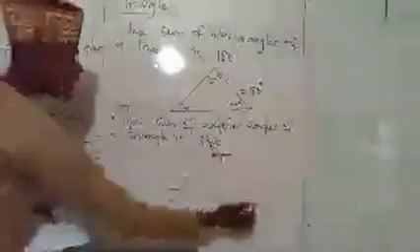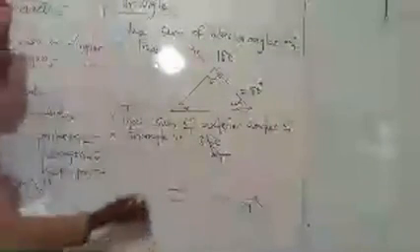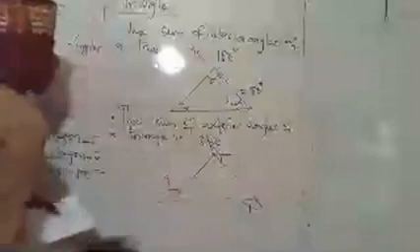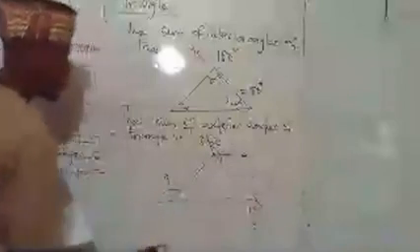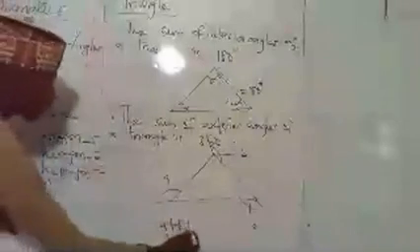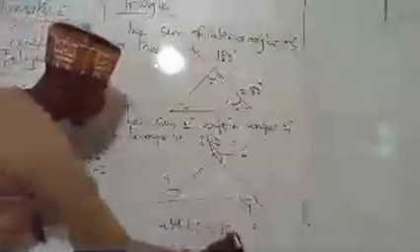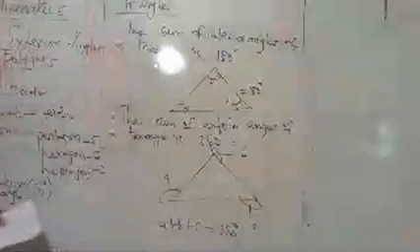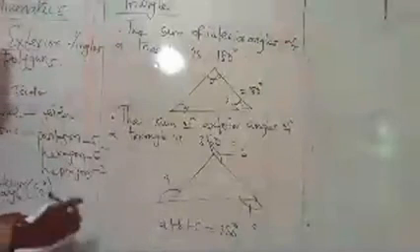If I extend this, all these are exterior. This is an exterior angle, exterior angle, exterior angle. So if this place is A, this place is B, this place is C, and I have A plus B plus C, the sum will be 360 degrees.